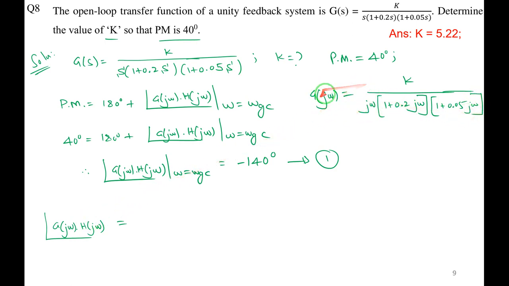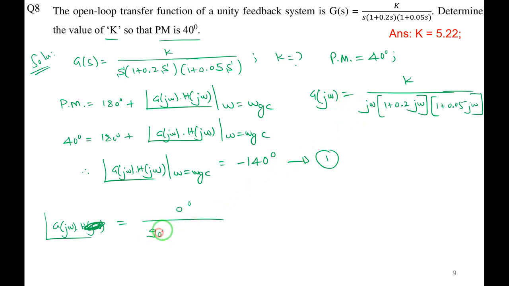Now I want the angle of G(j omega). H(j omega) they have not given, so leave it; H(s) is 1, it is unity. So the angle of K, the numerator, is 0 degrees, divided by the angle of j omega, which is 90 degrees.